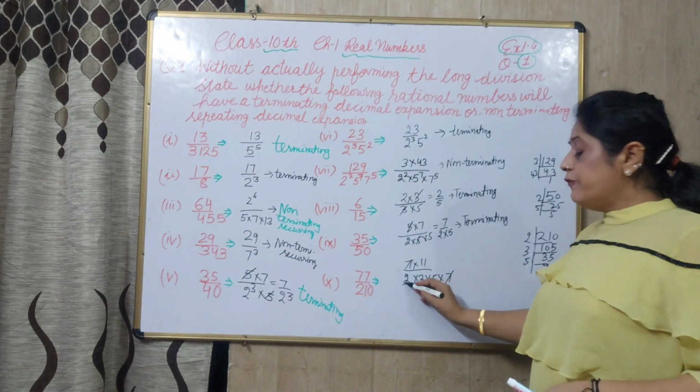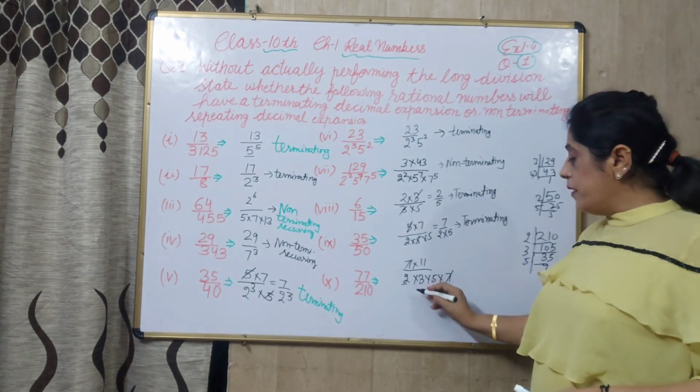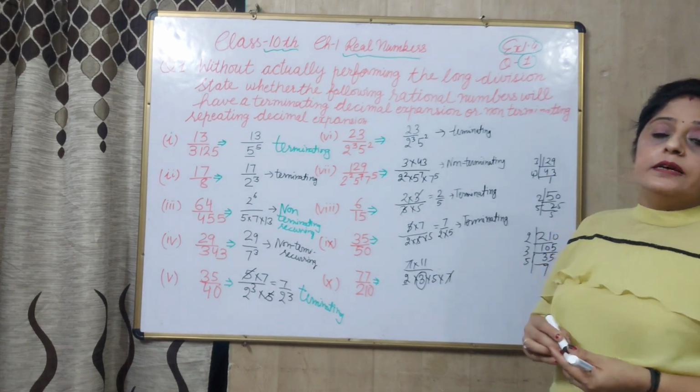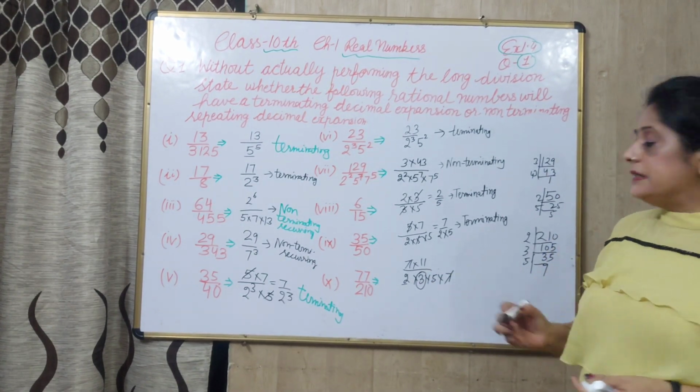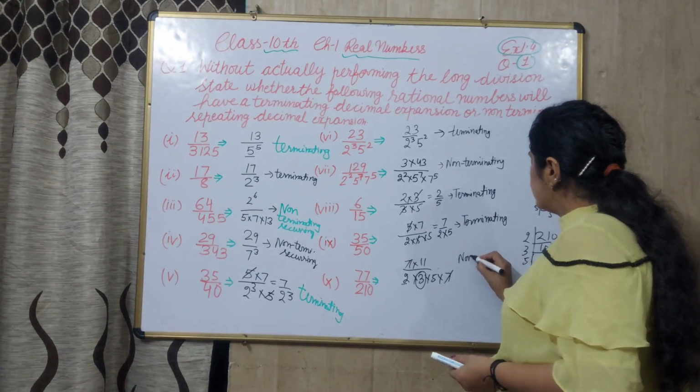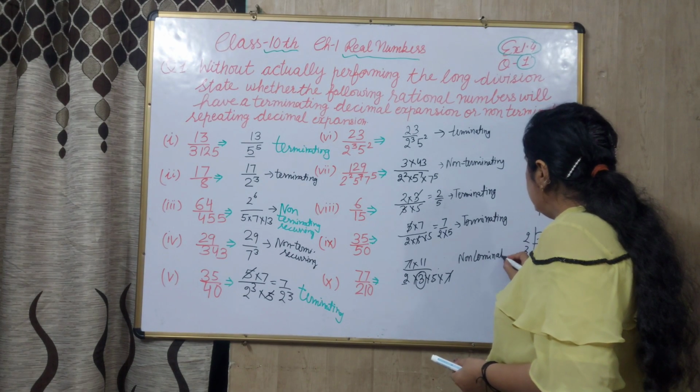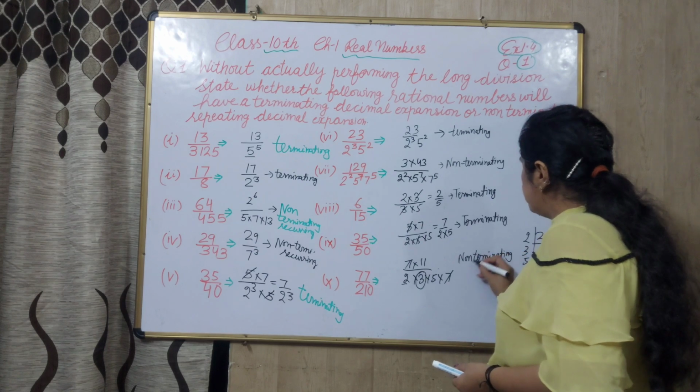Your Q is in the form of power of 2 and 5, meaning 2 power 1 and 5 power 1, but this 3 is also there. So it is non-terminating repeating.